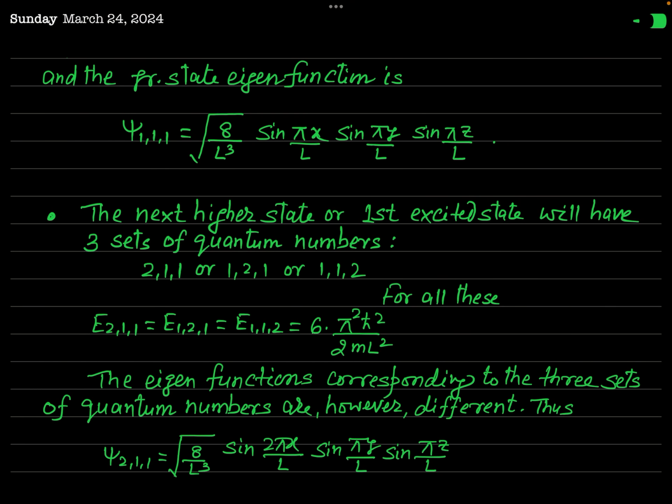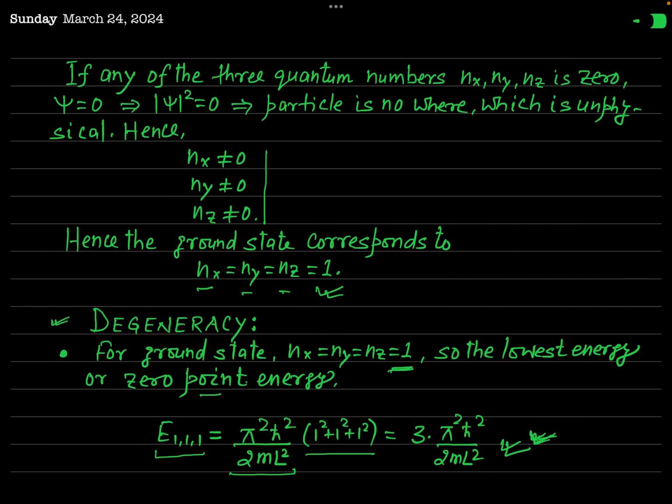So you can see the ground state eigenfunction psi 111 will be the square root of 8 over L cube times sine pi x over L times sine pi y over L times sine pi z over L. So what are you seeing here?